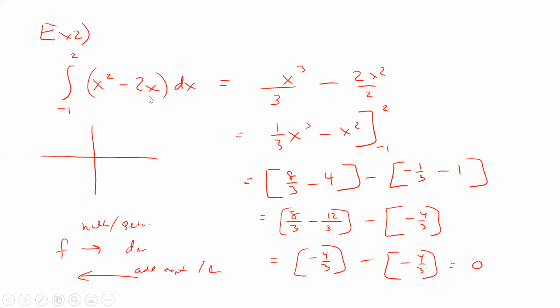The function itself. So x squared minus 2x from -1 to 2.